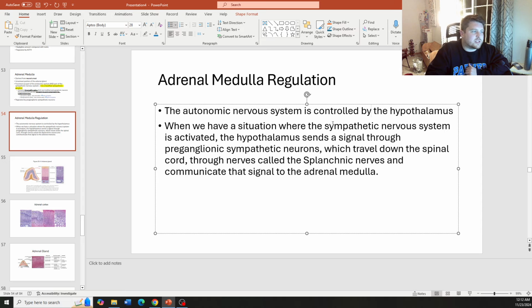So when our sympathetic nervous system is activated, there are neurons that run from the hypothalamus through the entire spinal cord, through these nerves that are called splanchnic nerves, and then make it to the adrenal medulla, and then they synapse inside of the adrenal medulla.